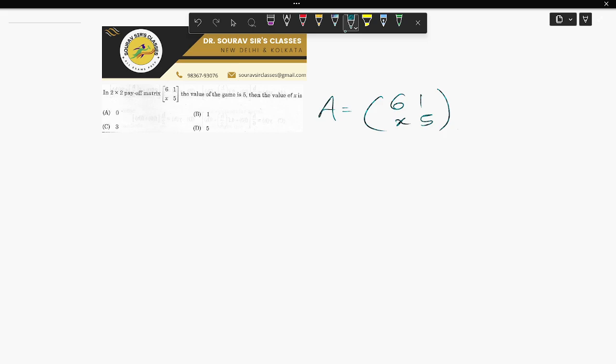So the maximin strategy, that is the row player's worst case maximization. The row player, choosing between row 1 and row 2, looks at the minimum possible payoff in each row and maximizes it.